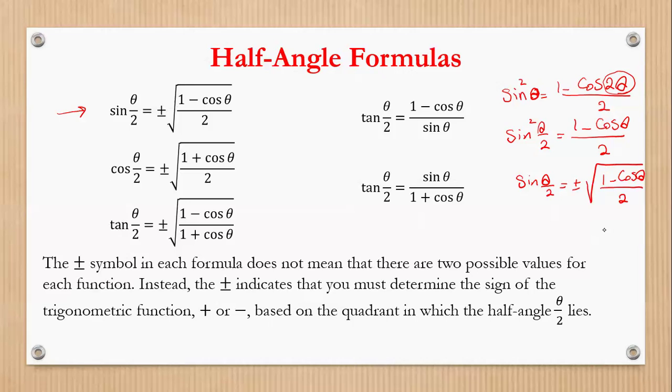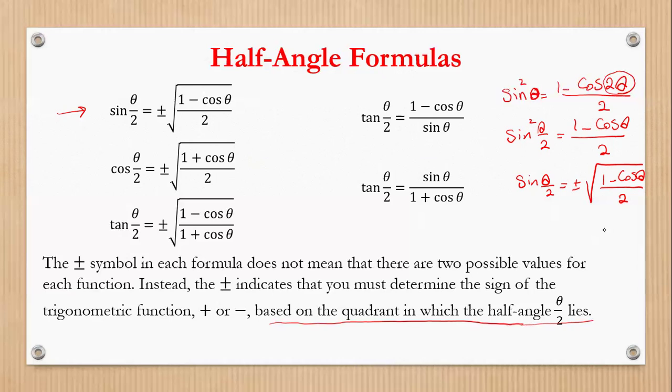But if you see we have a plus and minus in the formula, that doesn't mean that you have to keep both the plus and minus. Only one of them works in the problem. It depends on where the angle lies, so based on the quadrant in which the half angle lies. Make sure to check which quadrant the half angle is in, and if the sign is positive in that quadrant, you just keep the positive.